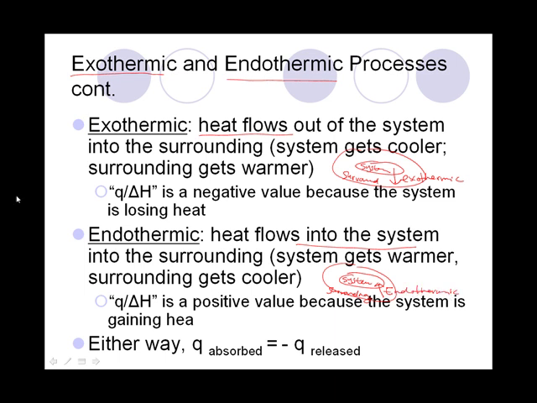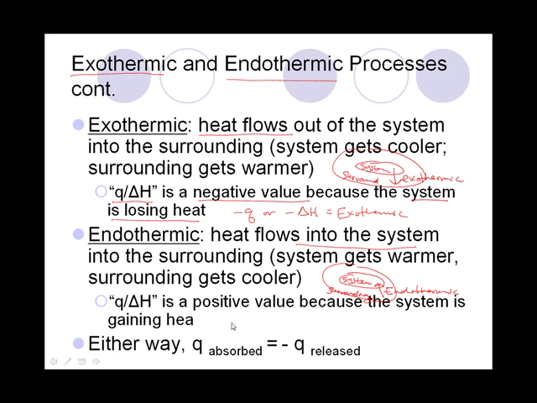Okay, if I were to give a symbol to the endothermic and exothermic heat, Q and delta H is always going to be negative when the system is losing the heat. So if I have a negative value for the Q or a negative value for the delta H, you would know immediately that this is an exothermic process.